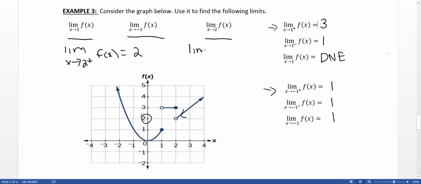If we look at the limit as x approaches 2 from the left, however, now we're on this horizontal line. So as we approach from the left, the y value that we are approaching is 3. So again, the limit from the right exists and the limit from the left exists, but since they're not the same, that means the limit itself as x goes to 2 does not exist.